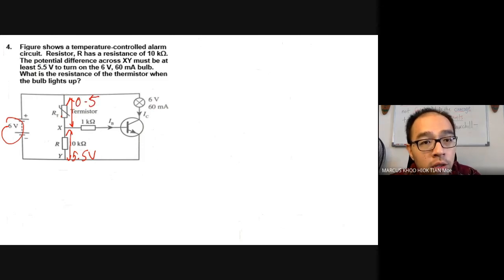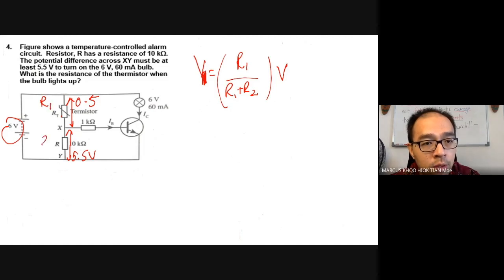We can use V equals R1 over R1 plus R2 times the total voltage. I'm going to call this V1, R1, and this is R2. Can we calculate R1 from here? We can. V1 we know is 0.5 because we determined it by subtraction.